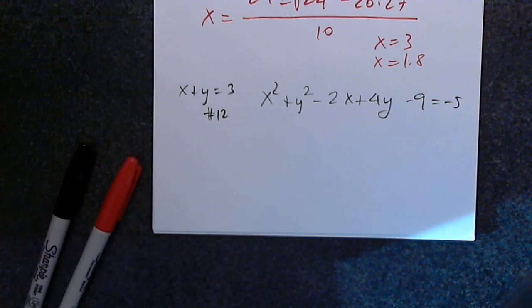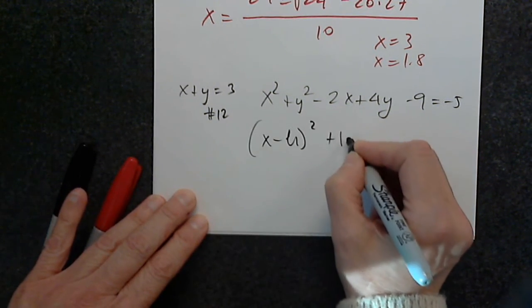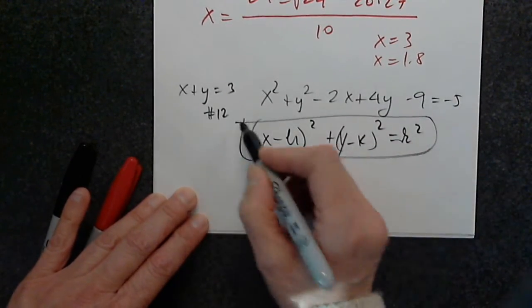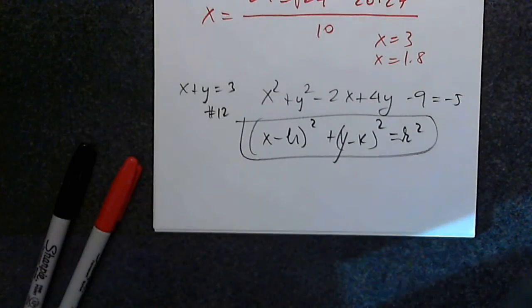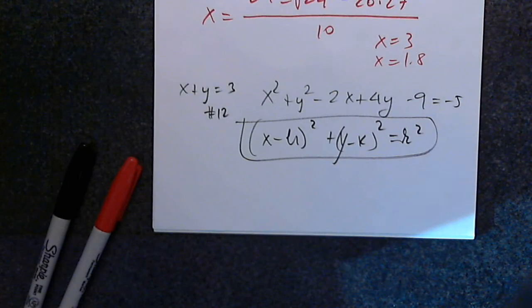And the answer is I have no idea. If I can present it in the form of (x minus a number) squared plus (y minus a number) squared equals a number squared, then the answer is yes. If I cannot, or if this is 0, or if this is a negative number, or who knows what else, I will say no. It's not a circle. So where is my starting point then?